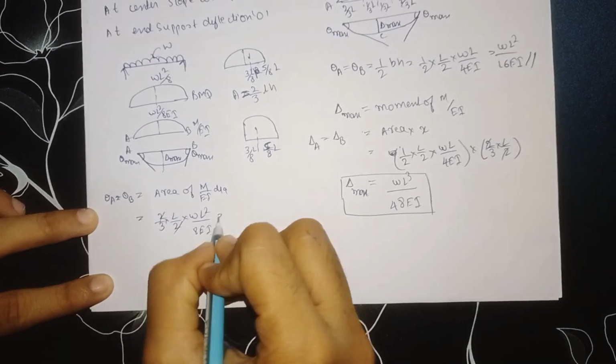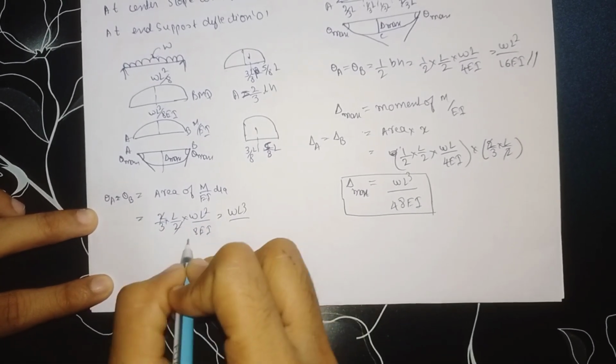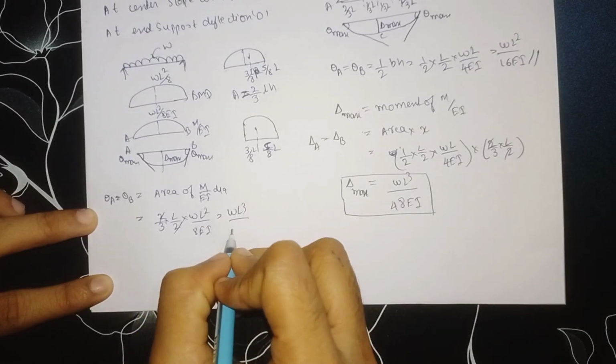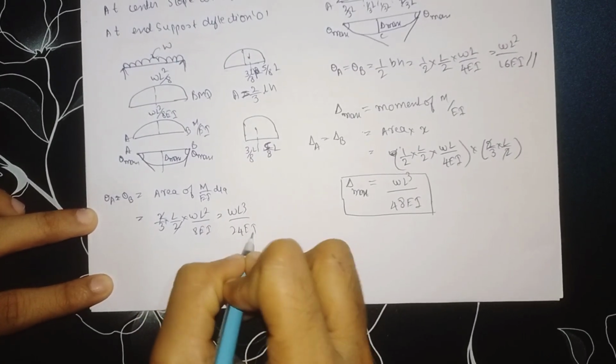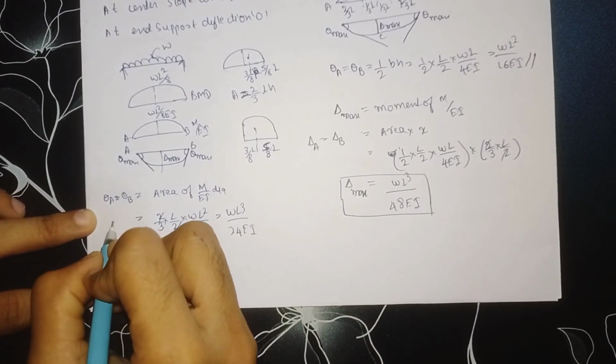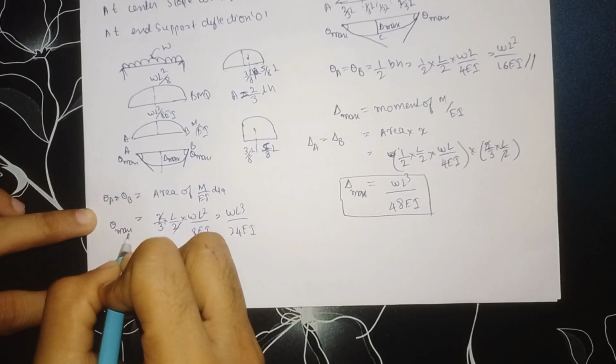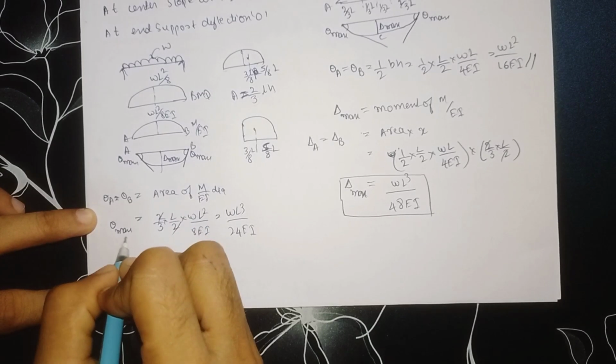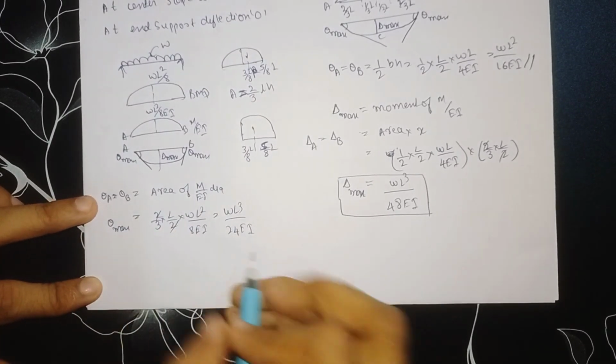So 2 will get cancelled, and we get WL cube divided by 8 times 3, which is 24 EI. This is the maximum slope at point A as well as point B.